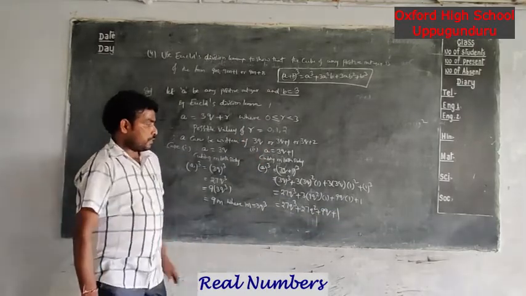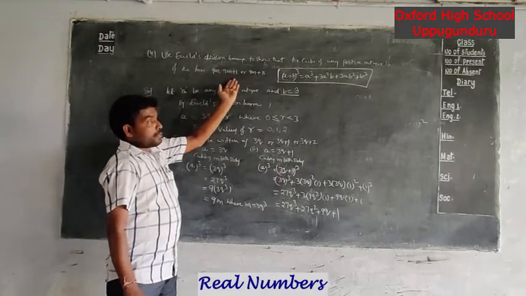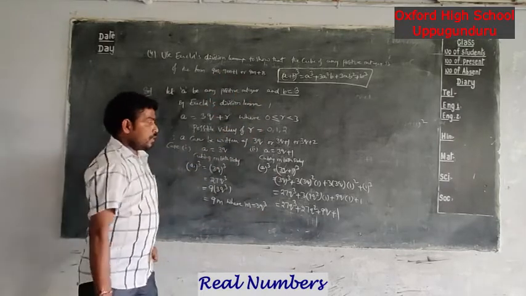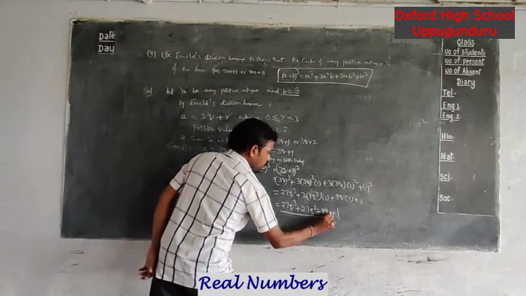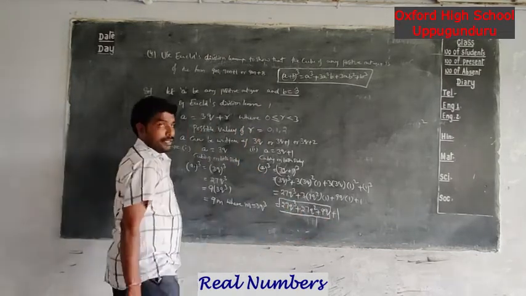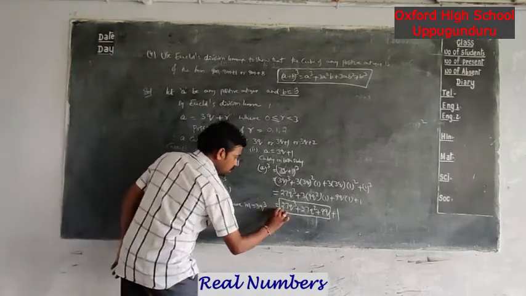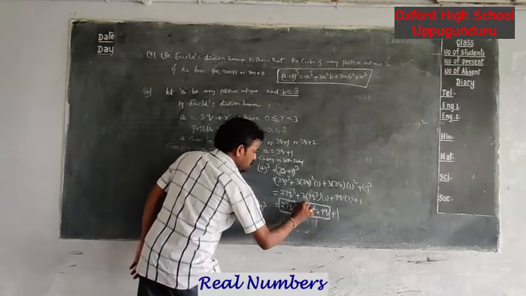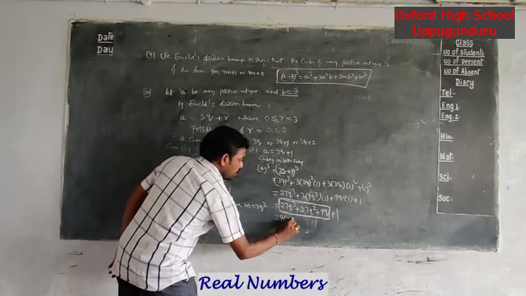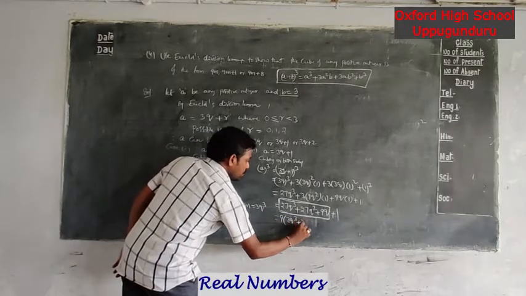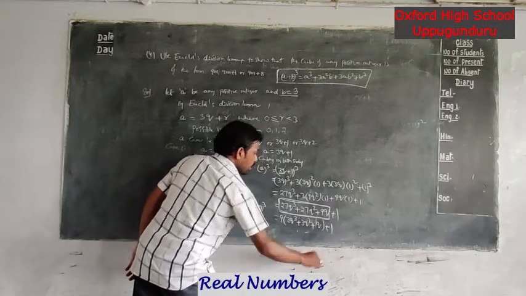Now you have to express this expression in terms of either 9m or 9m plus 1 or 9m plus 8. Here the ending term is 1, that's why the remaining 3 terms you have to combine as a multiple of 9. So in these 3 terms you take 9 common: 9 into 3q cube plus 3q square plus q, plus 1.